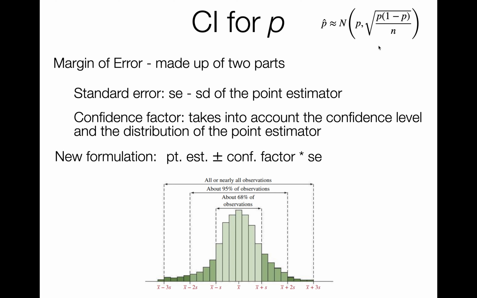Each confidence interval that we make has some confidence associated with it. I might ask you to make a 90% confidence interval, or a 95% confidence interval, or maybe a 99% confidence interval. Based on that level of confidence, that's how far I need to stretch out my interval.